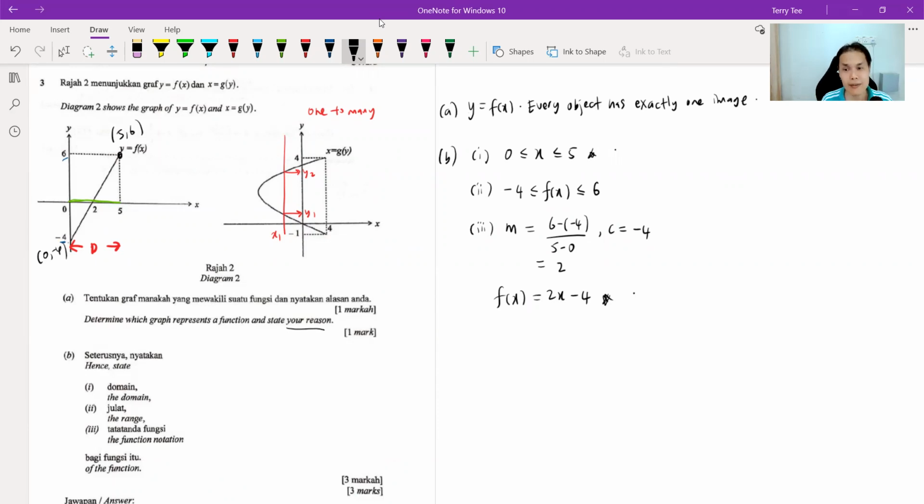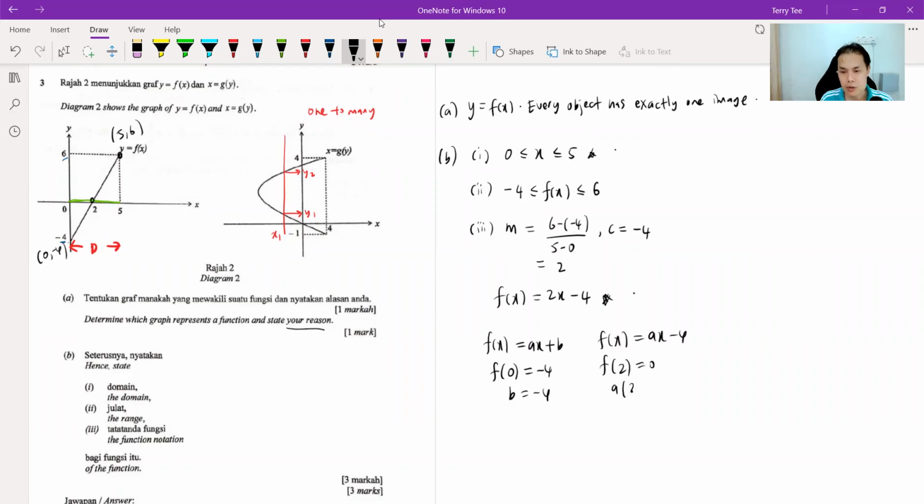It's easier to do it this way rather than using substitution. I know some people say I use f(x) equals ax plus b. Since it's a linear function, I substitute one by one. I substitute x with 0, y with -4. Then I get b equals -4. Then I know f(x) equals ax minus 4. I substitute another coordinate, let's say (2, 0). When your x is 2, since it passes through (2, 0), your y is 0.